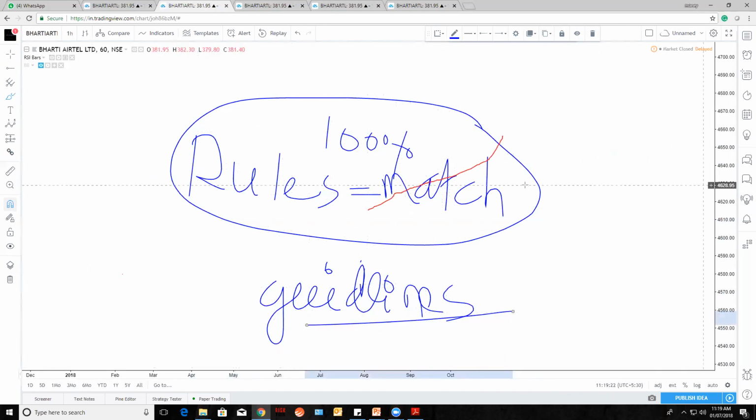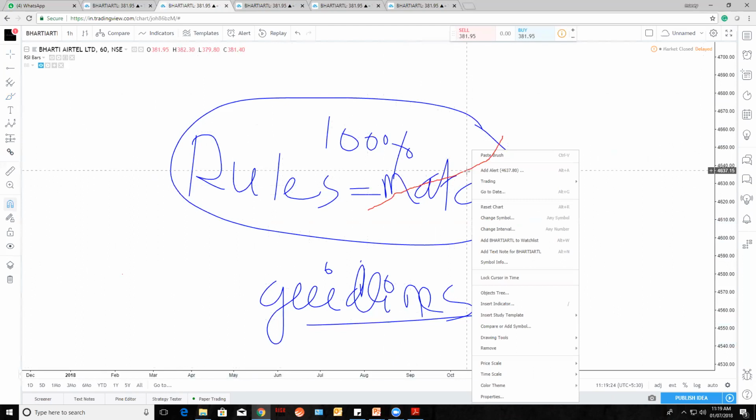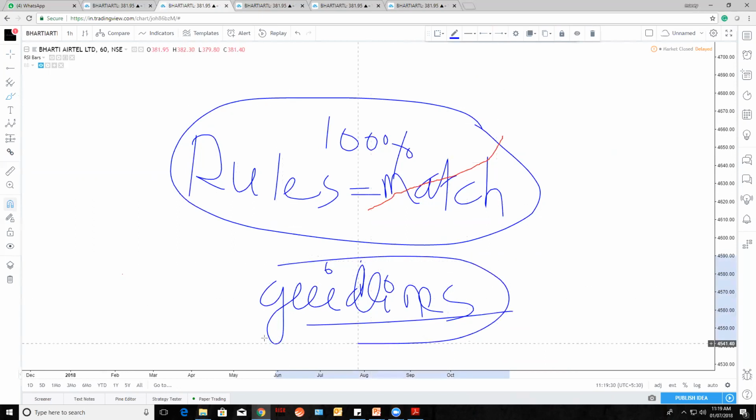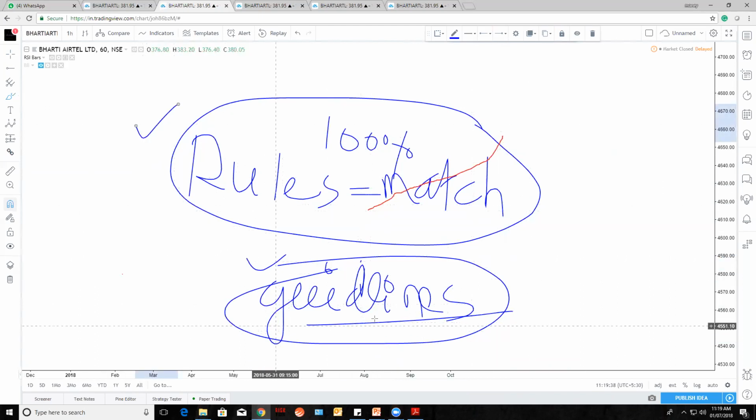What are the guidelines? Guidelines are nothing but secondary to the rules. They may or may not be applicable. Guidelines are guiding you: these are the patterns, these are the rules, but these are the guidelines an impulse wave should follow.